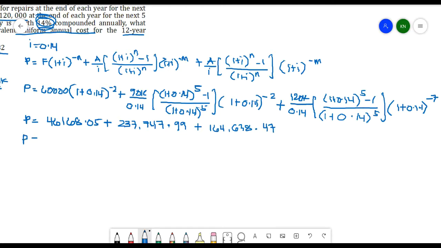So if you total this one, we have 448,554.51 pesos. That is for the present worth.